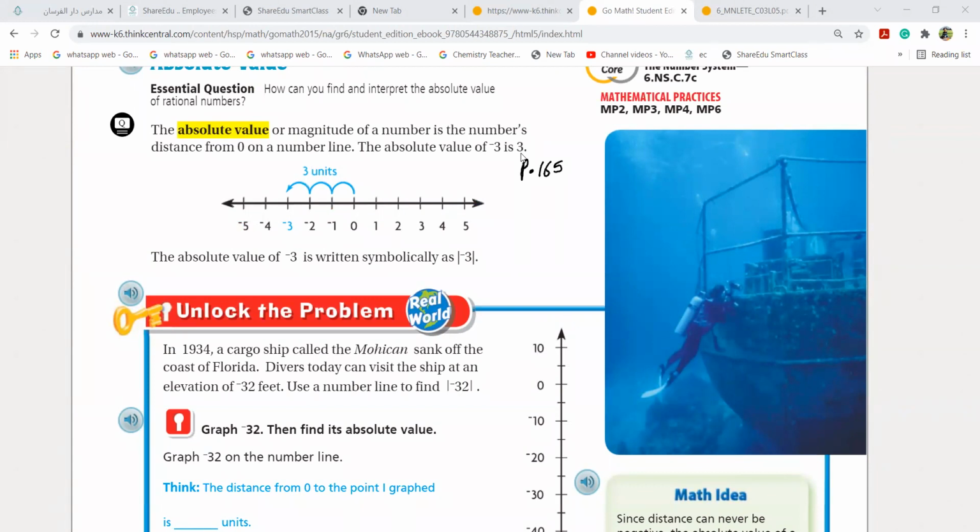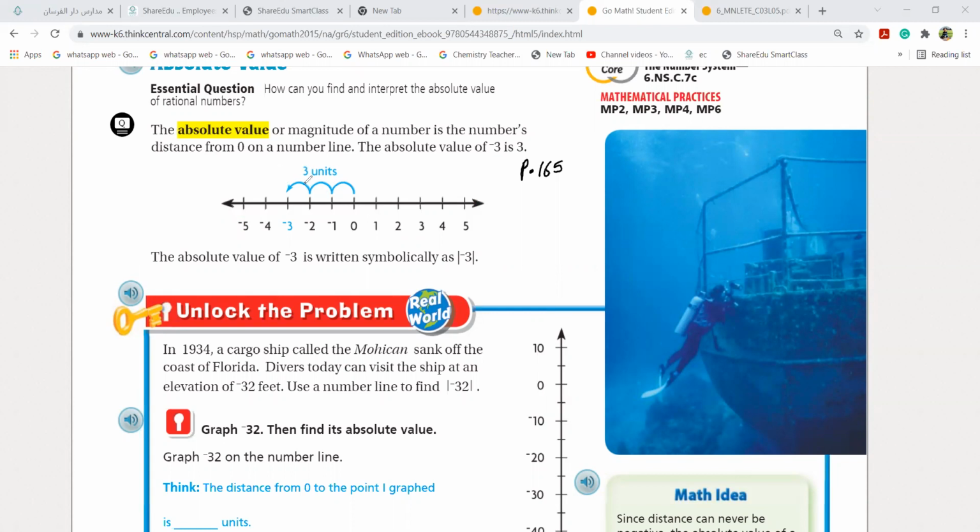Okay, guys. The absolute value or magnitude of a number is a number's distance from zero on a number line. The absolute value of -3 is +3. Girls, it's a magnitude of the number, the distance from zero on a number line.